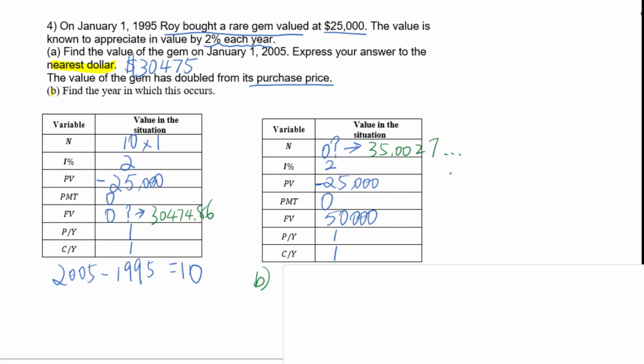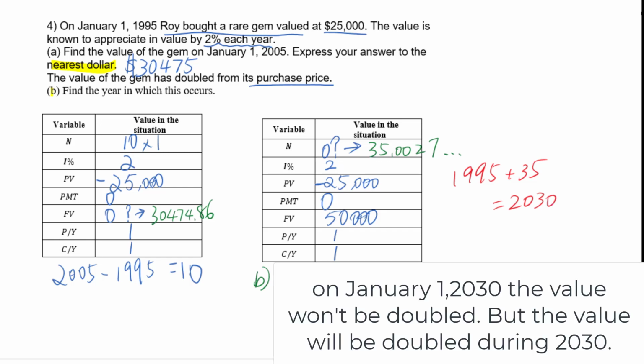We add 1995 plus 35 and get 2030, which means on January 1st, 2030, the value won't be doubled, but the value will be doubled during 2030.